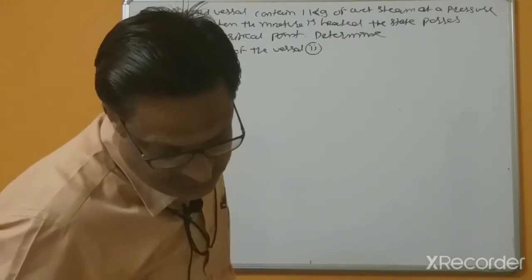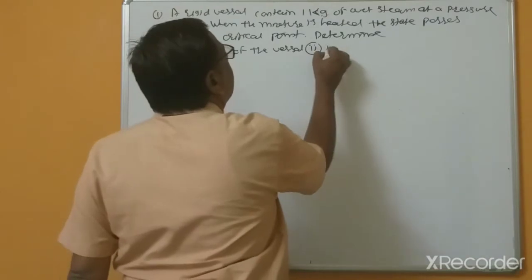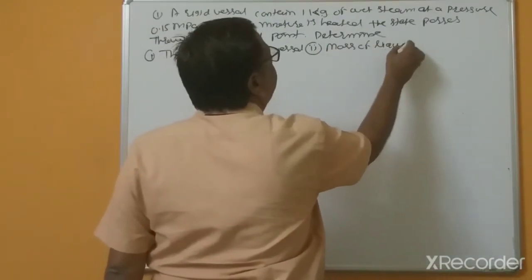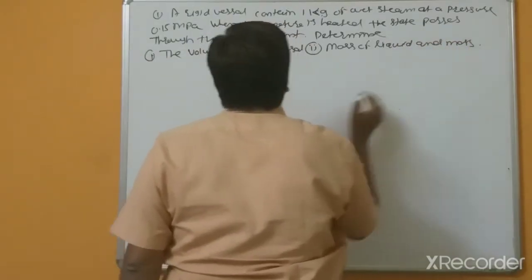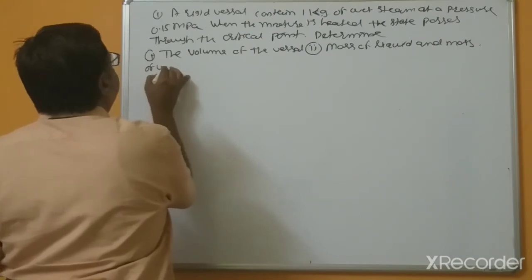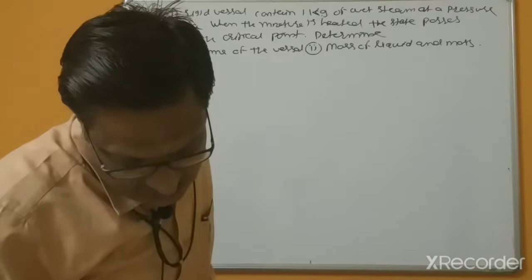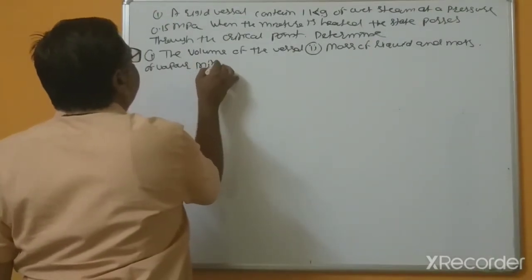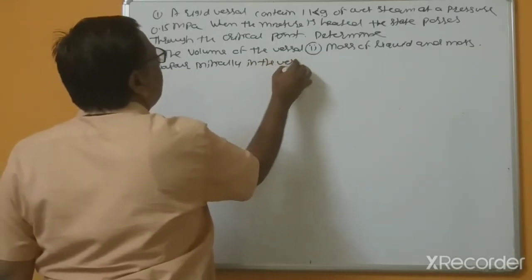Second bit, the mass of liquid and mass of vapor initially in the vessel.